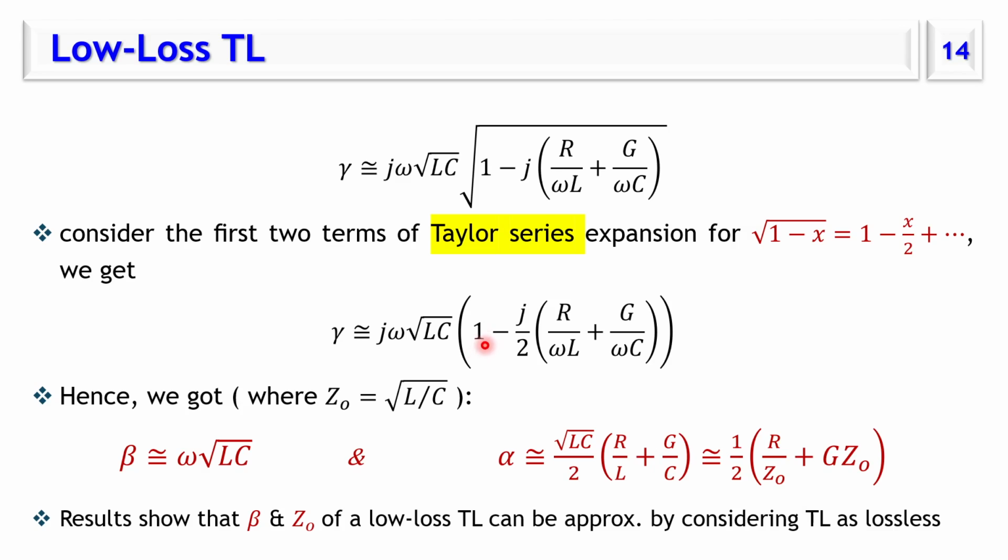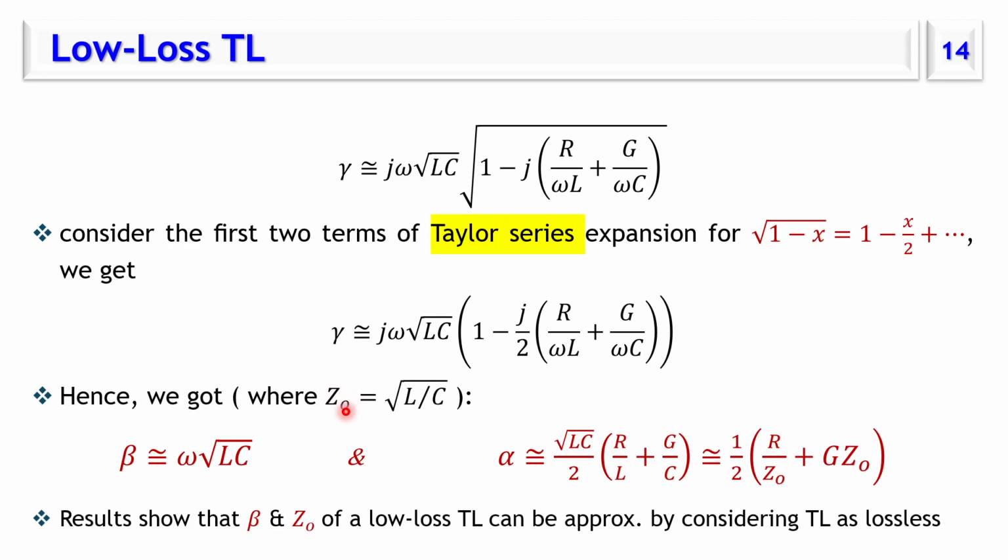The first part here is the phase constant. The second part is the attenuation constant, which has this expression, and we are approximately saying that Z0 equals the square root of L over C. So for the first order approximation, we take the losses into consideration for the propagation constant, but we don't take R and G into consideration for Z0.